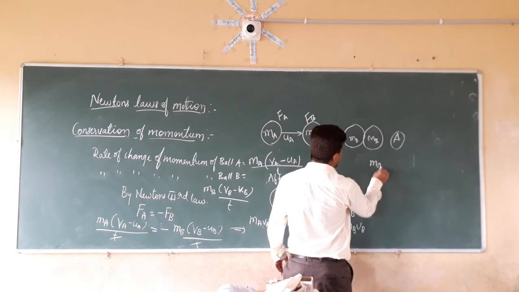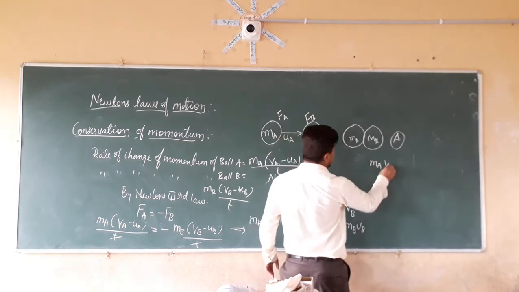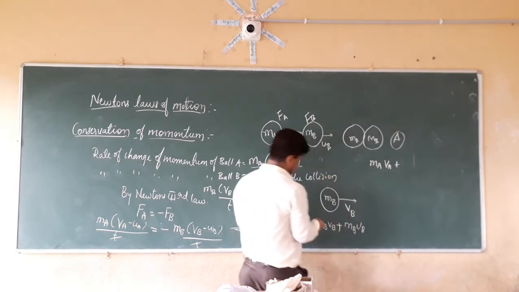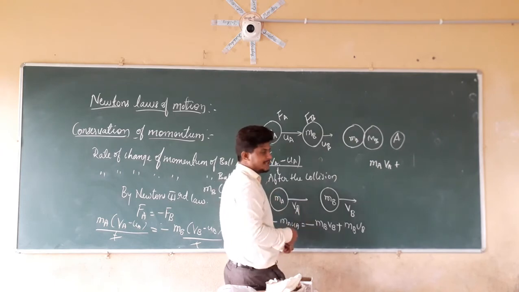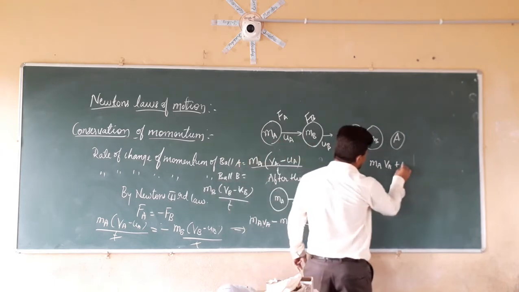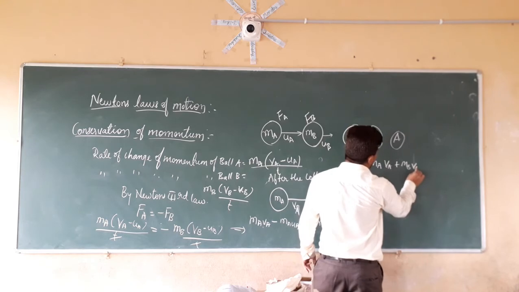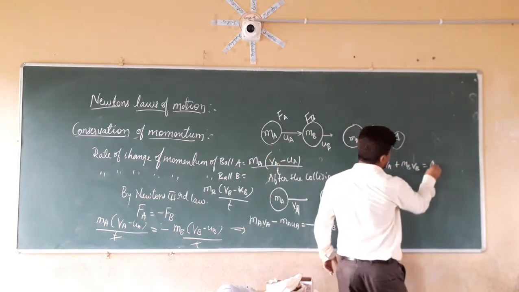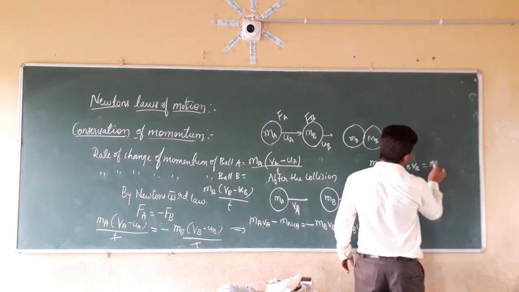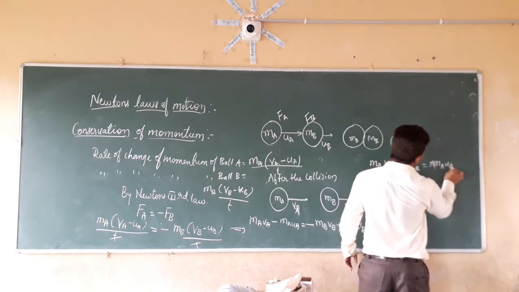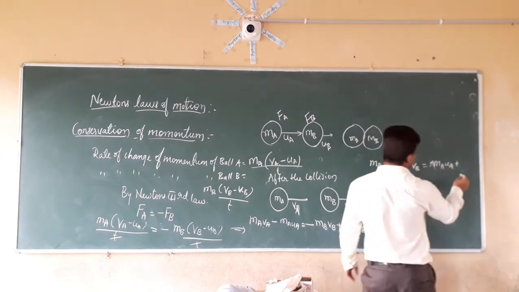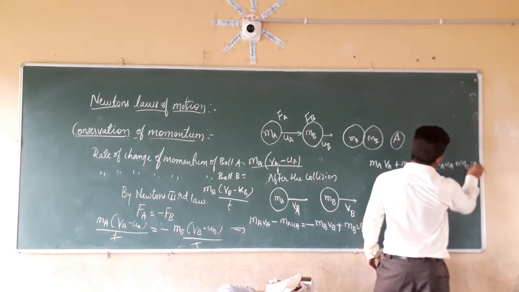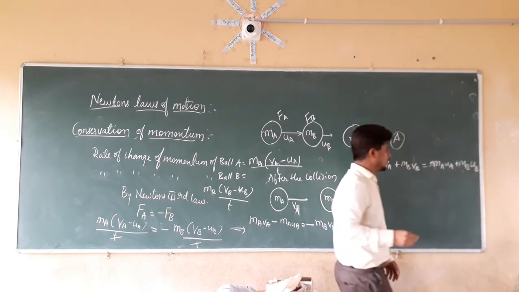It will become MA into VA plus, since this minus comes to the LHS, it will become plus MB into VB, equal to MA into UA plus MB into UB.